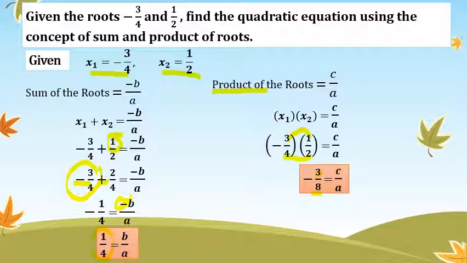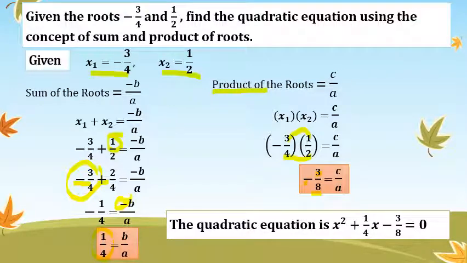So, positive times negative, negative. Negative 3/8 equals c over a. Therefore, the equation is x squared plus 1/4 x minus 3/8 equals 0. So, yung value ng sum of the roots, yan ang b. Then, yung product of the roots, yan naman ang constant or yung c.